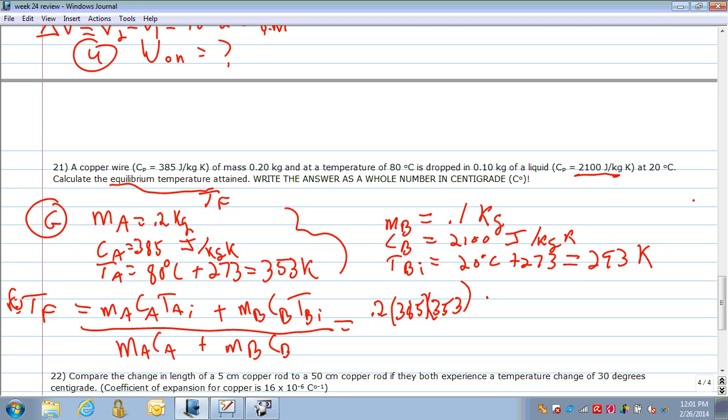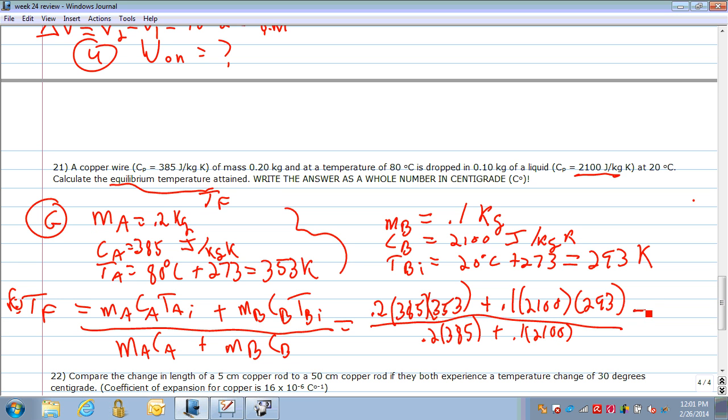It makes it a whole lot simpler to get it right. And this is 0.1 times 2100 times 293, all over 0.2 times 385 plus 0.1 times 2100.